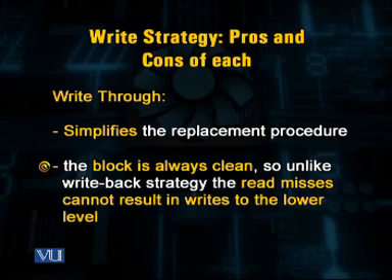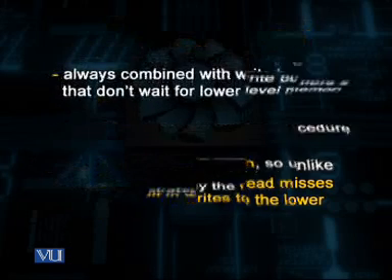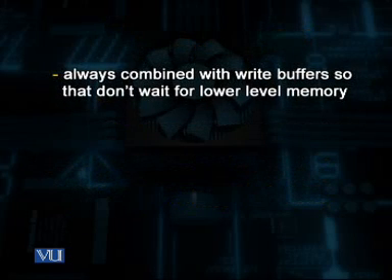So unlike the write back strategy, the read miss cannot result in writes to the lower level. Moreover, the write through is always combined with the write buffer so that it does not wait for the lower level memory to get ready to receive or write information into it.